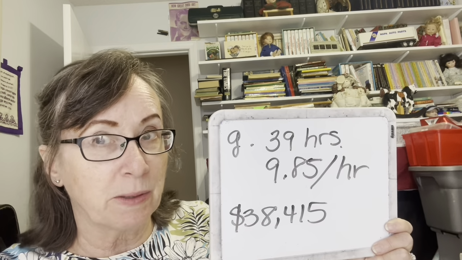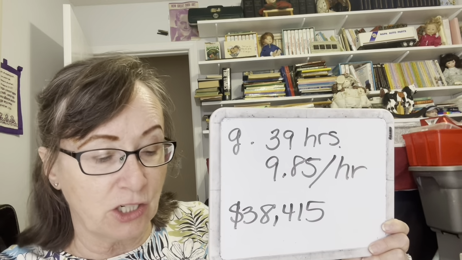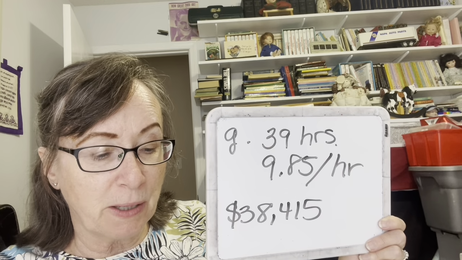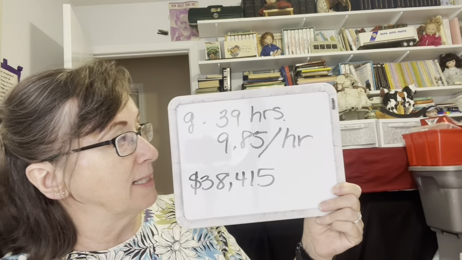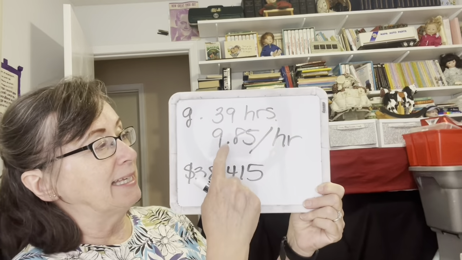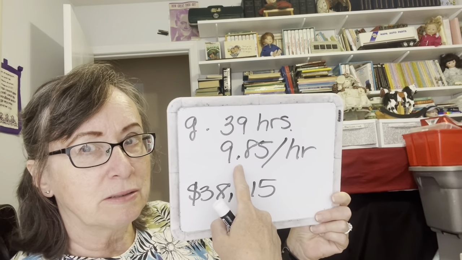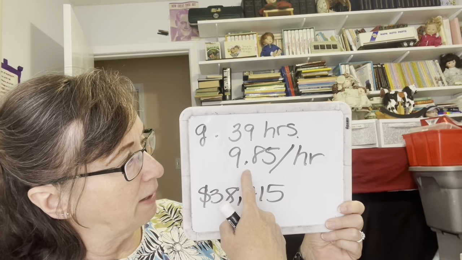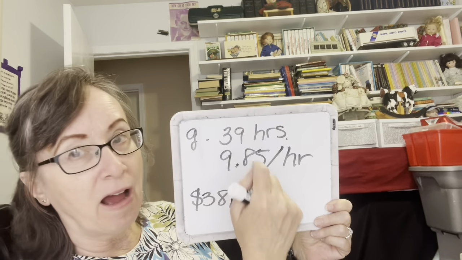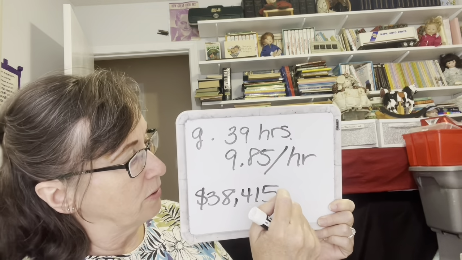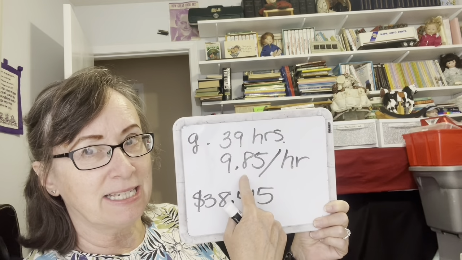What is a reasonable estimate of what Gus earns? How do you suppose Gus arrived at his calculation? Okay, so let's look at it. He is getting about $10 an hour, right? So wouldn't we take his 39 hours and multiply by 10 to get an estimate?